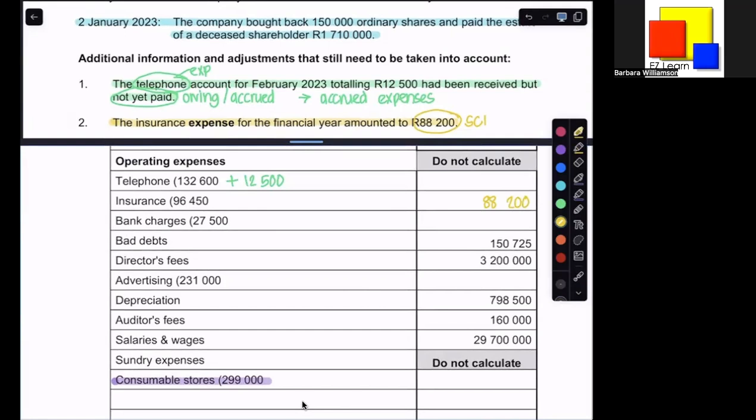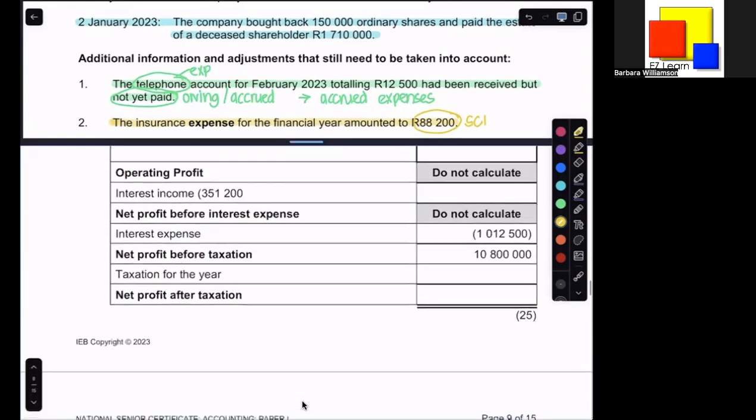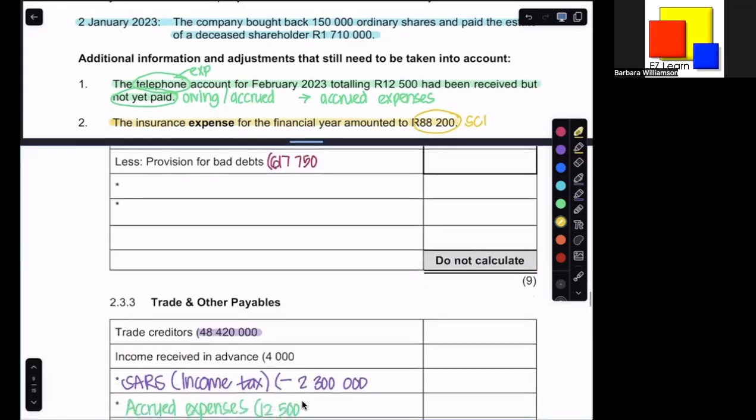But we do need to consider what is the difference, because that will need to then go in as a prepaid expense, because obviously we had paid too much insurance. It's easiest to work it out over here because you can see both of the numbers. So I'm going to subtract 8,250 and then use that 8,250 as prepaid expenses, which obviously is an asset, receivables, because they owe us. We paid too much.